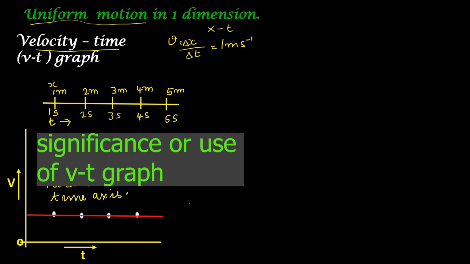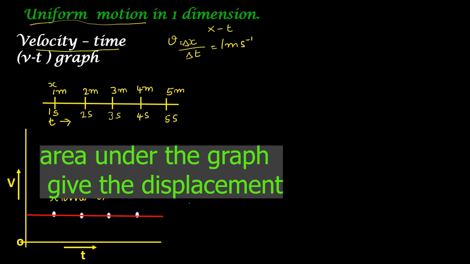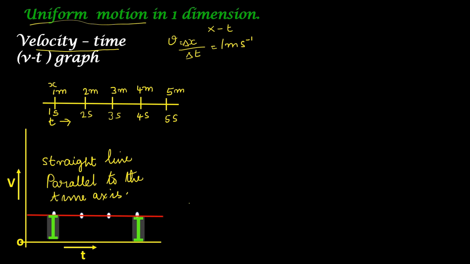What is the significance or use of velocity time graph? Area under the graph gives the displacement of the object. In the graph, I have shown velocity, which is uniform for the first 4 seconds. For each second, it is equal to 1 meter per second. In order to get the displacement during that time interval, connect the points 1 second and 4th second to the x-axis.